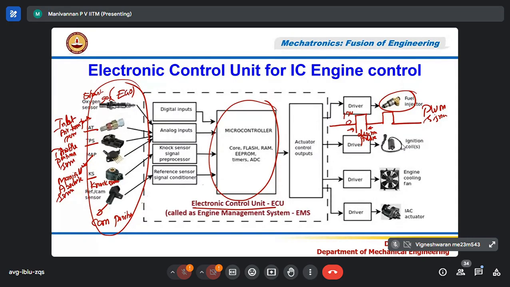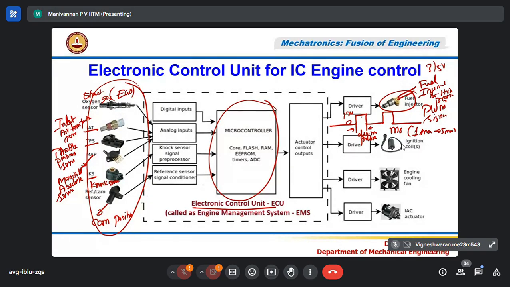The injector will be open for a duration generally in the order of milliseconds, maybe 1 millisecond to 5 milliseconds. I already told you the fuel injector, the high pressure fuel is connected here. The pressure will be 3 to 5 bar.